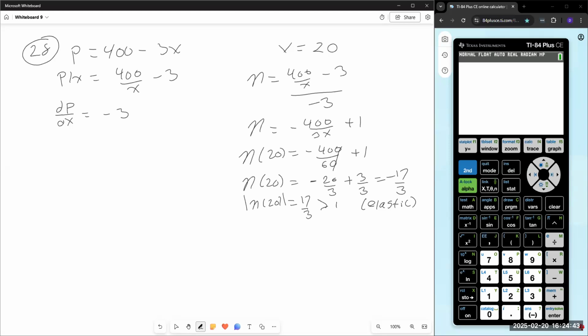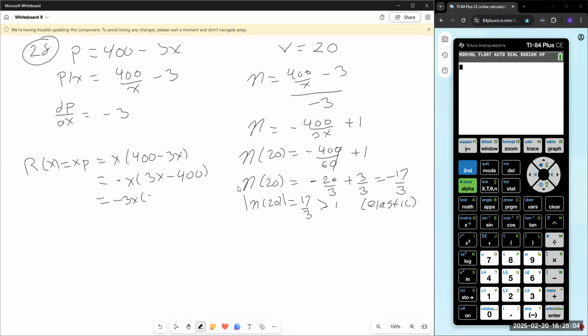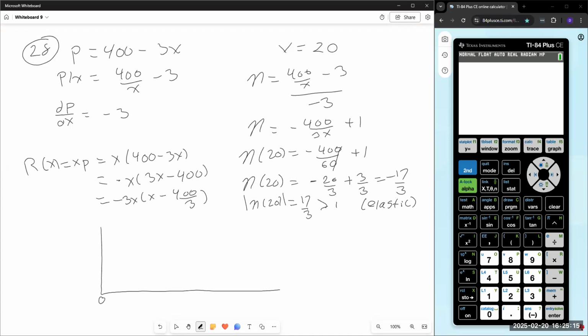And my revenue function is negative x times 3x minus 400. Let's pull that 3 out as well. It really doesn't make a difference, but it makes it easier for me to draw the graph. So I have 0, and I have over here somewhere, I'll draw my curve right there.